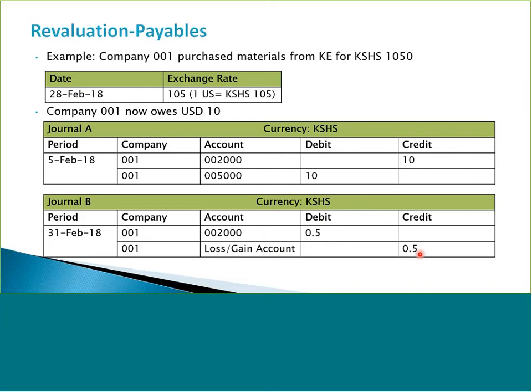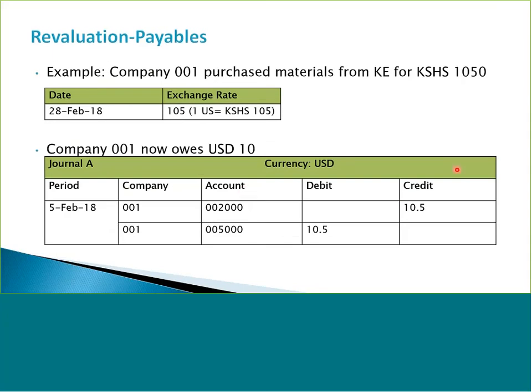All right. So when we do that, what happens? Now I just changed these amounts to reflect the change, but remember this journal had already been entered. So in real sense, the journal remains this one with 10.5. Okay.